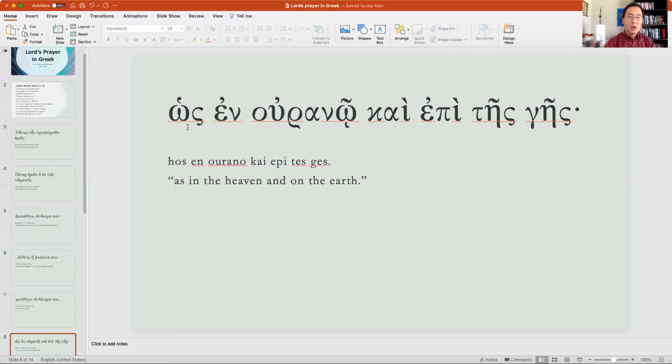So again, hos en ouranō, kai epi tes ges. Repeat after me. Hos en ouranō, kai epi tes ges. What this means: hos, which means as in English, and ouranō, in the heaven. So as in the heaven.